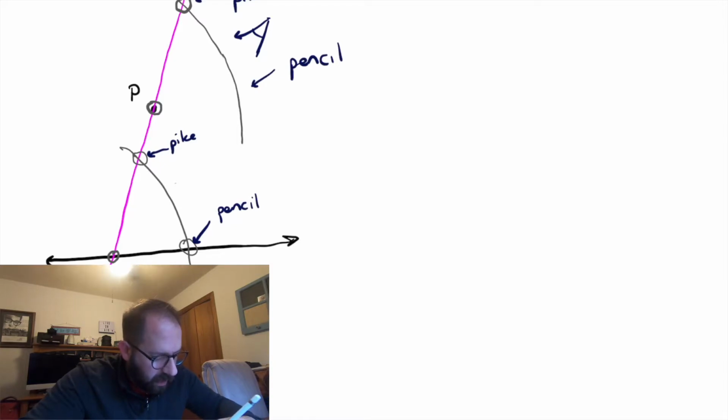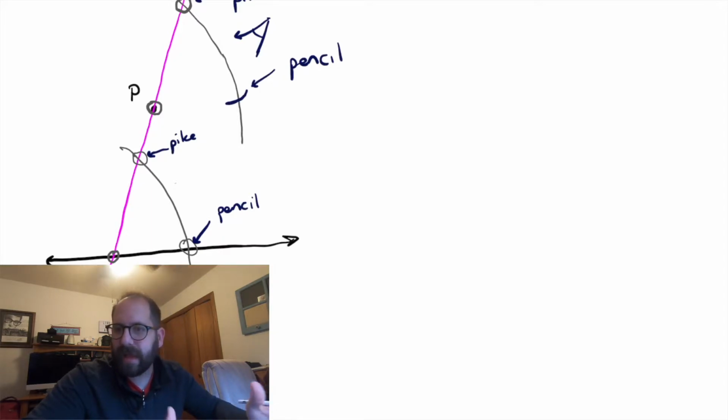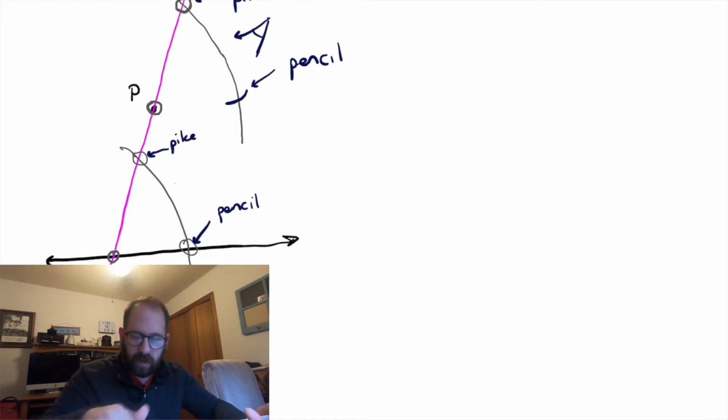Move the compass a little bit, and it should make a little intersection. A little X marks the spot. Hopefully it crossed. That's why I was worried about drawing that arc long enough so that you'll actually make that intersection point, that little X marks the spot.